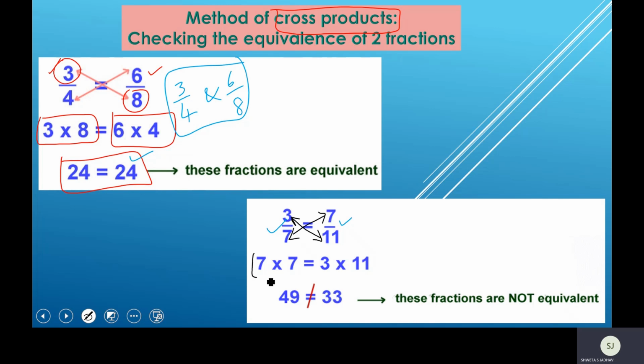So 7 into 7, then 3 into 11. We got the products: 7 into 7 is 49, and 3 into 11 is 33. So these two are not equal. If their products are not equal, then we can say that these two fractional numbers, 3 by 7 and 7 by 11, are not equivalent fractions. Clear? I hope you are clear with it.